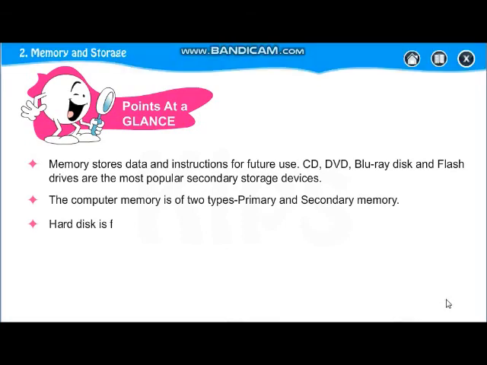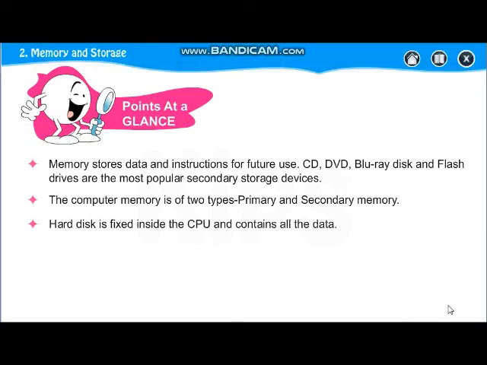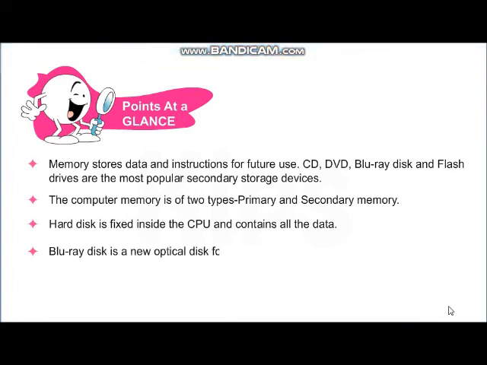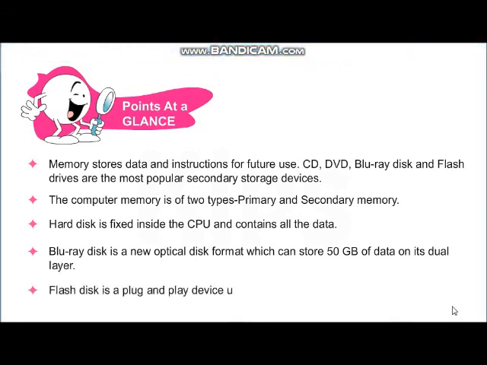Hard disk is fixed inside the CPU and contains all the data. Blu-ray Disk is a new optical disc format which can store 50 GB of data on its dual layer. Flash disk is a plug and play device used for copying and moving data from one computer to another.